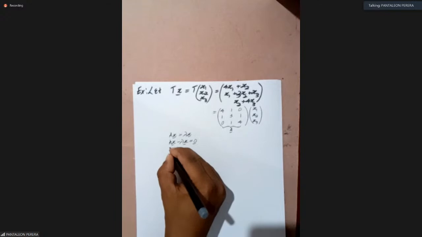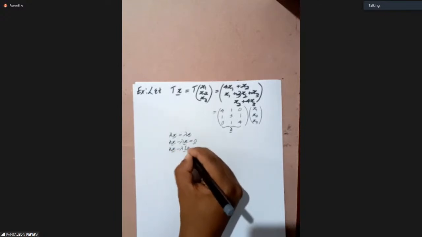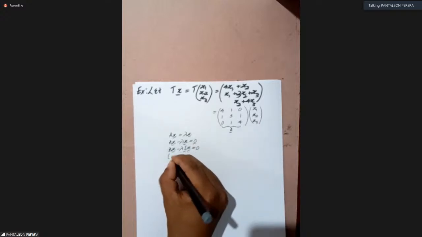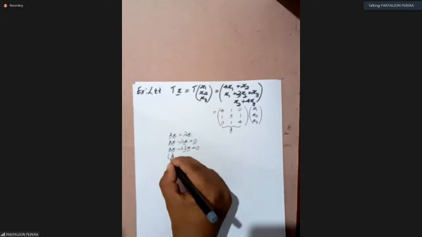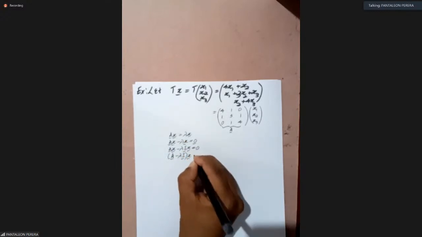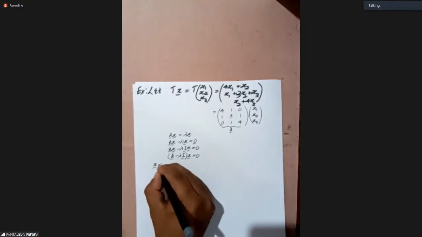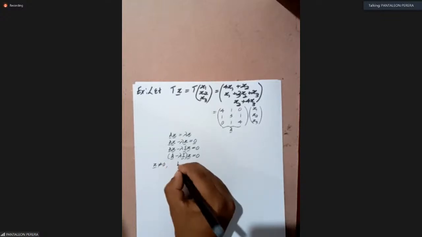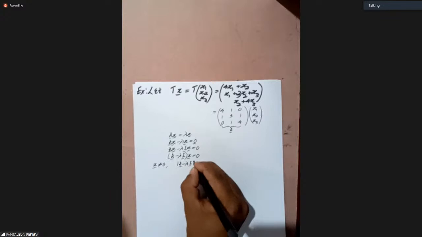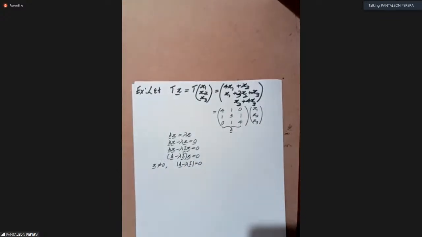Now you can introduce an I. Now you can pull out x from the right hand side. Since x is not equal to 0, the determinant is equal to 0.